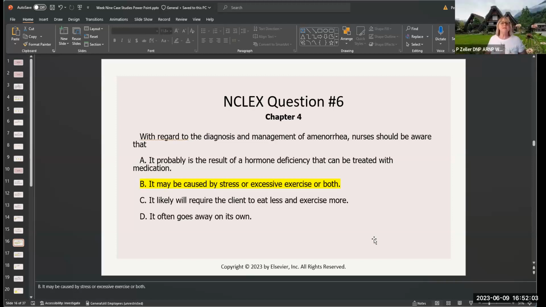So if we diagnose a young woman with amenorrhea, she hasn't had a period for a year. We know that amenorrhea could be the result of a very athletic woman. Excessive exercise or stress can cause amenorrhea. And it doesn't necessarily go away on its own.